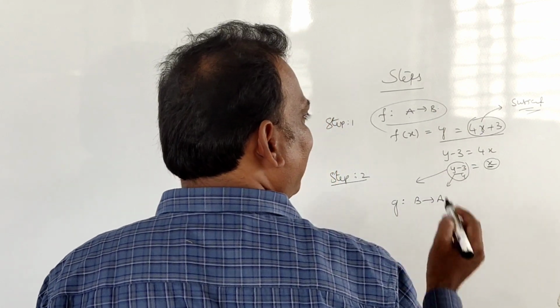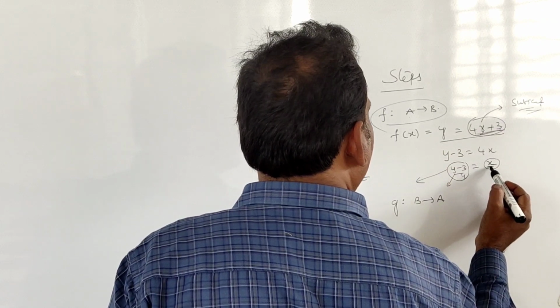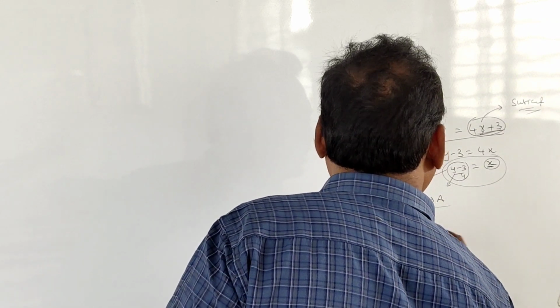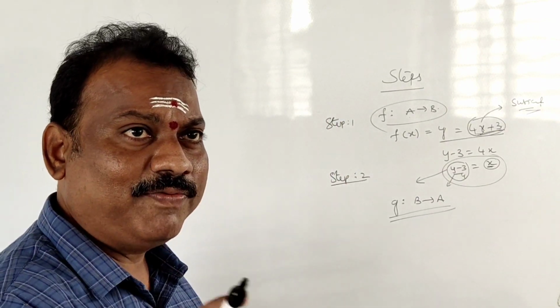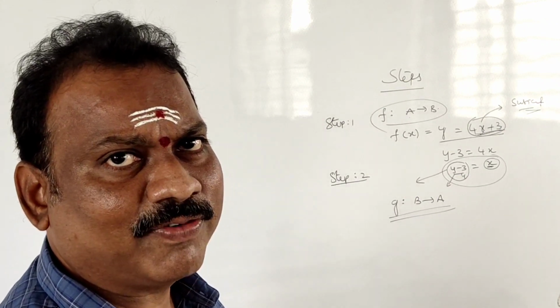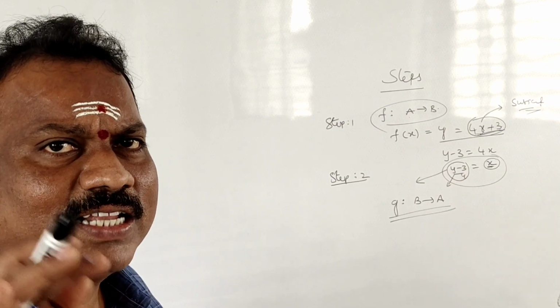So whenever the function is given in terms of x, you have to simplify in terms of y. This is taken as the new function g. Because according to the definition, if f is a function mapping from A to B, there exists another function g which is mapping from B to A. What is that g function?